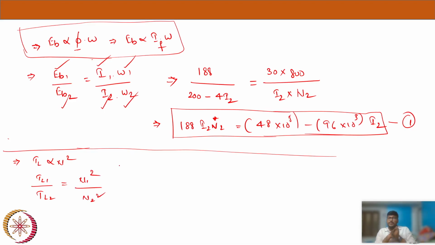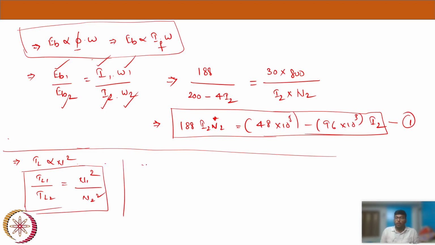Here the subscripts 1 and 2 denote what? One is before adding external resistance, and 2 is the parameters after adding external resistance. The question asked what the speed is after adding external resistance, so we are trying to solve for N2. This is the relation that was given inside the question.